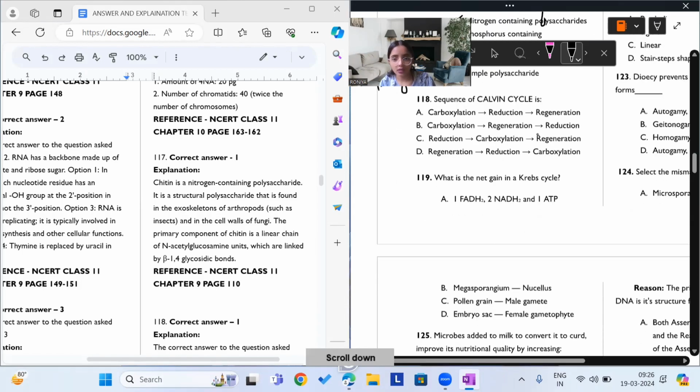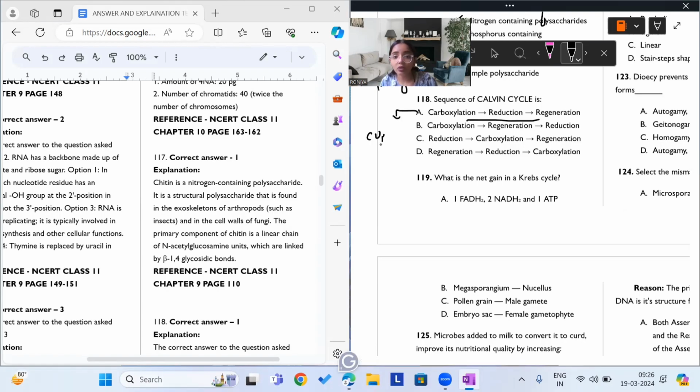Okay. Next is sequence of Calvin cycle is carboxylation, reduction, regeneration. So in carboxylation, carbon dioxide combines with RuBP in presence of Rubisco enzyme. RuBP is ribulose bisphosphate. The RuBP is ribulose 1,5 bisphosphate, and Rubisco is ribulose 1,5 bisphosphate carboxylase.